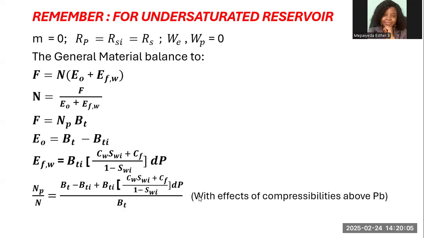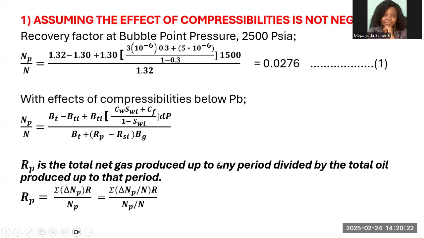So this is with compressibility, effect of compressibility above PB, okay? So you have NP over N to be this. So let's go.